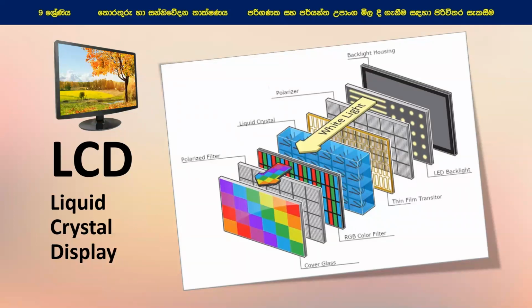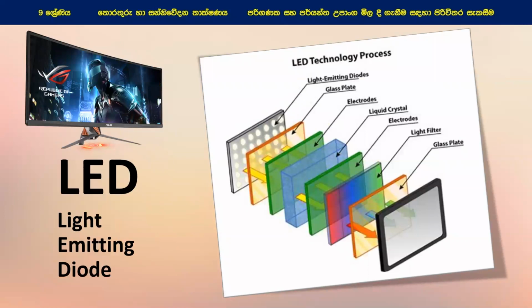The very similar type of mechanism is used by the newest advancement, which we call the light emitting diode, or the LED screens. It uses the same kind of layers, but the layer types are a little bit different, and you can see there is a liquid crystal layer as well, right? So it's like an advancement of an LCD.